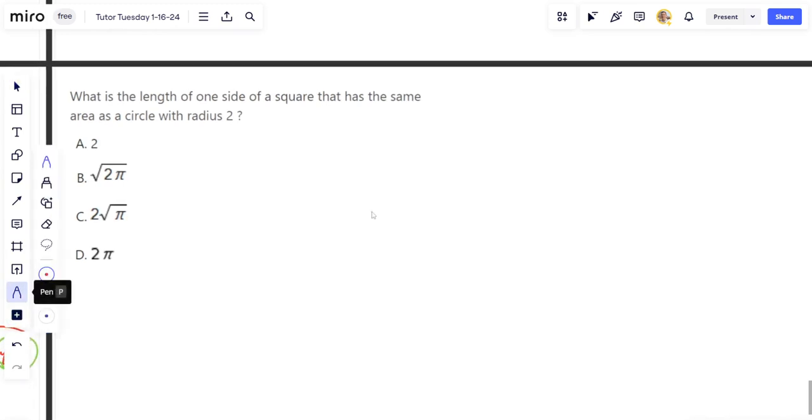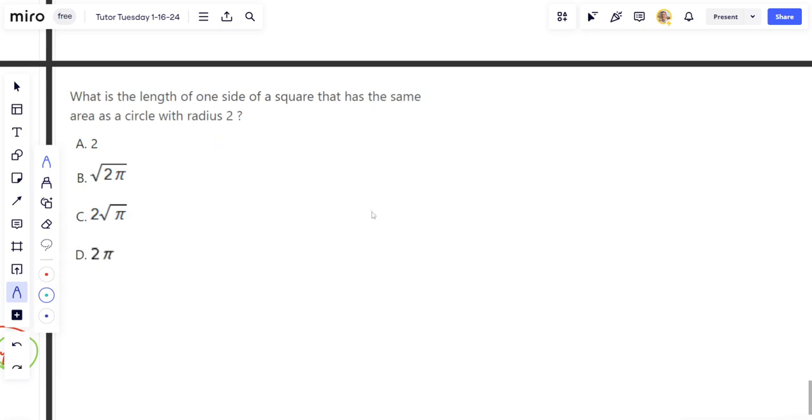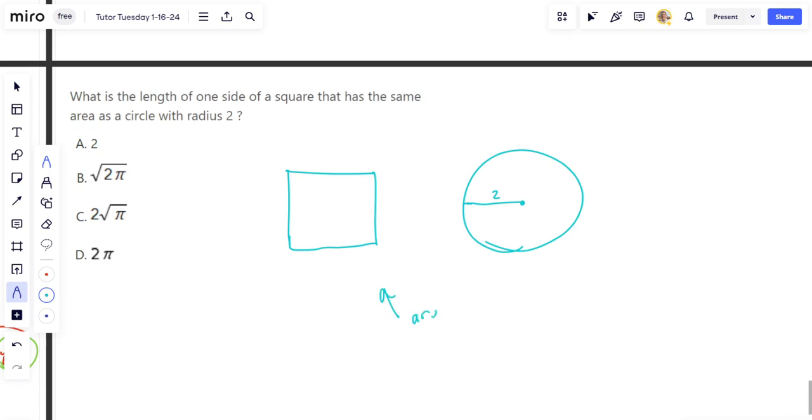Nice little circles and squares. What is the length of one side of a square that has the same area as a circle with radius 2? So the circle has a radius of 2. The areas are equal.